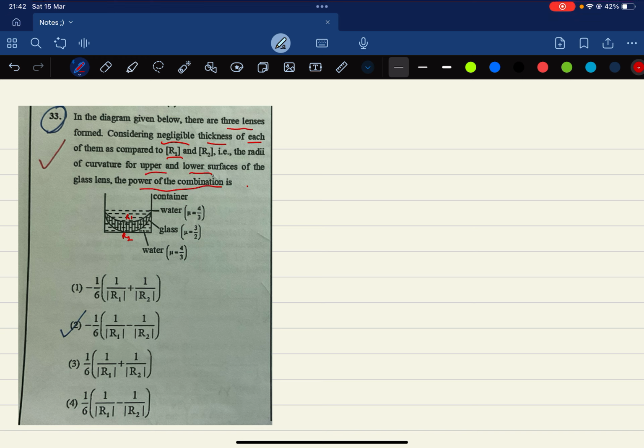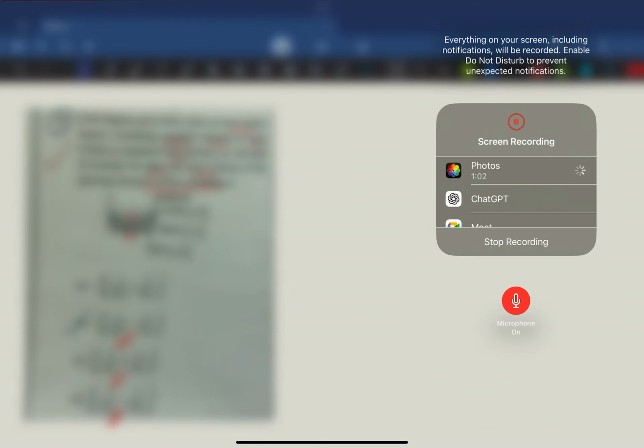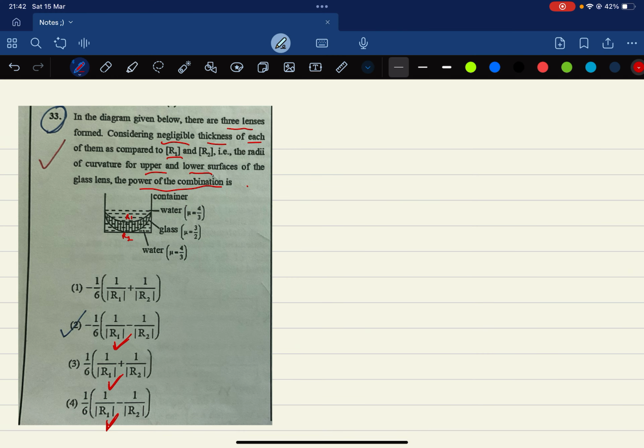The power of the combination is, and we have written here mod R1, which means these are distances, and we have filled the sign convention in the actual lens maker formula, in the derivation of the lens formula, and in the application, because there are mod R1 and R2 here.